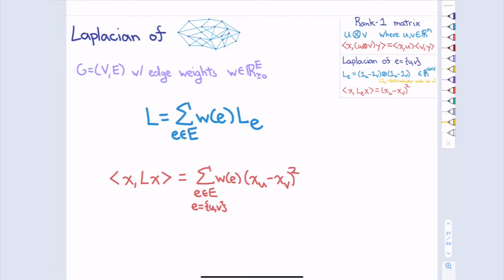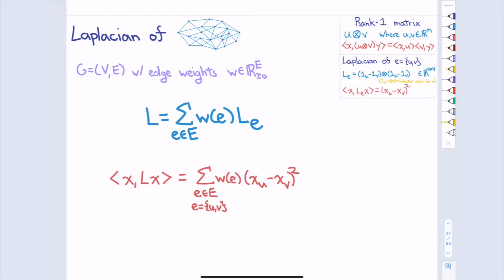So you have all these potentials on all the vertices of your graph, and you're going through all the edges and looking at the differences squared. That actually came up last class, where if x were the potentials of the electrical flow, and the weight was 1 over the resistance, this gives you the electrical energy of the flow.